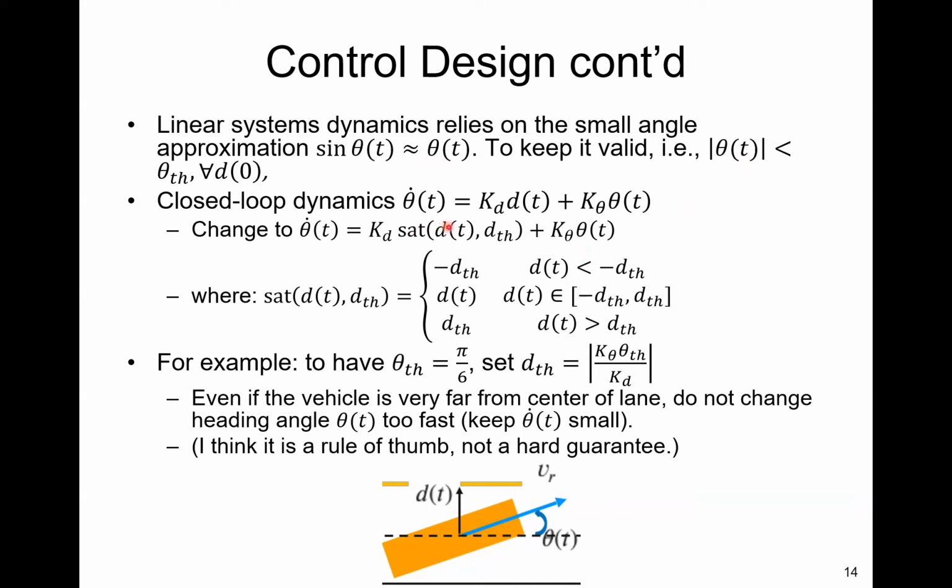If your d is higher than the threshold, you simply set it to d threshold. If it's lower than minus d threshold, set it to minus d threshold. If it's within this bound, then you do nothing. This ensures the small angle assumption is valid.